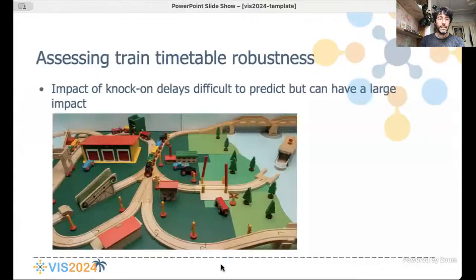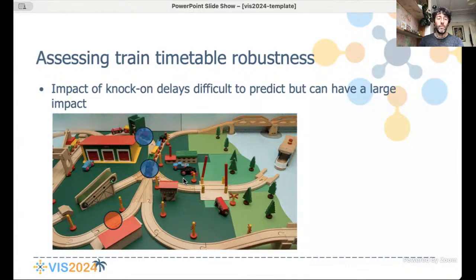Just to give some context, the reason we were working on this was because we were interested in assessing timetable robustness. That is the sensitivity of train timetables to delays. An important factor is knock-on delays. That is, if a train gets held up at this station here because perhaps of passenger overcrowding, then it may delay trains further up the line, and it may even delay trains further up from that.